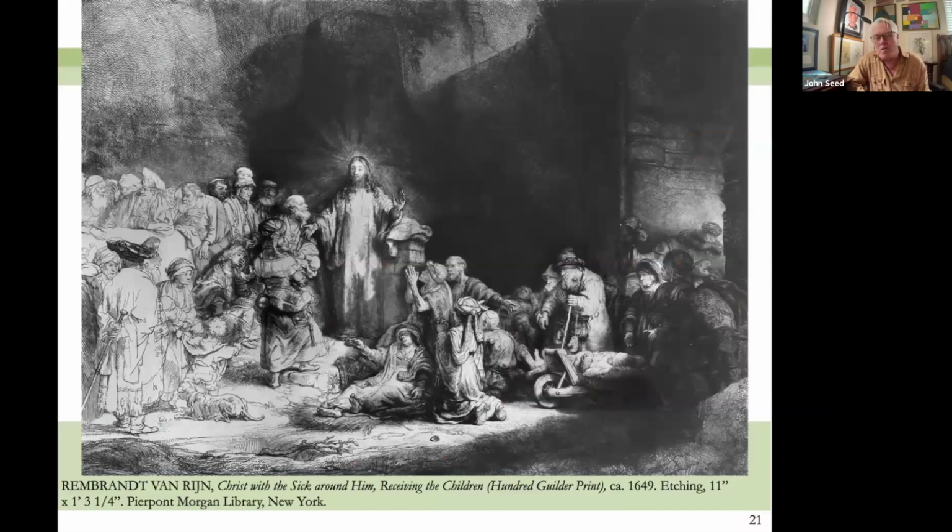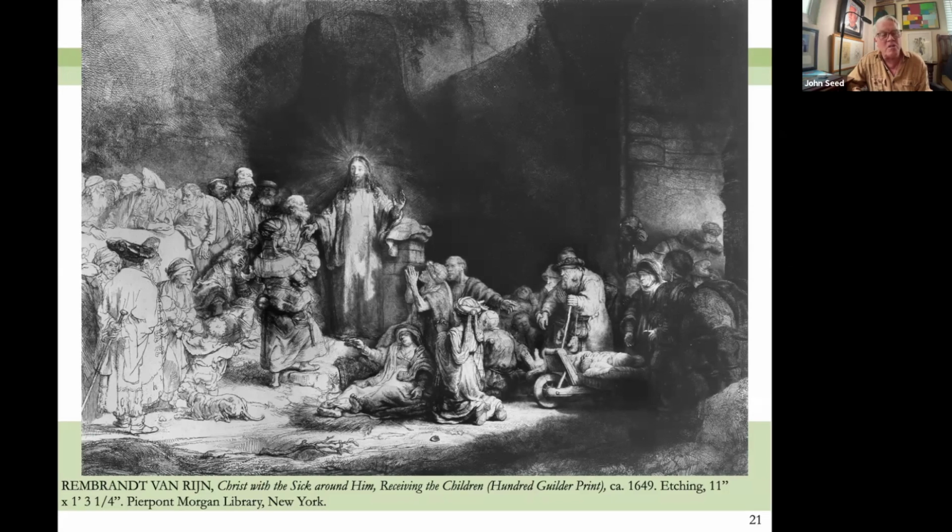Rembrandt did something modern in his prints, if you've had the good fortune to see some Rembrandt etchings or lithography, and that is he worked through his prints in progressive states. And this is just one state of this very large etching, Christ with the sick around him.